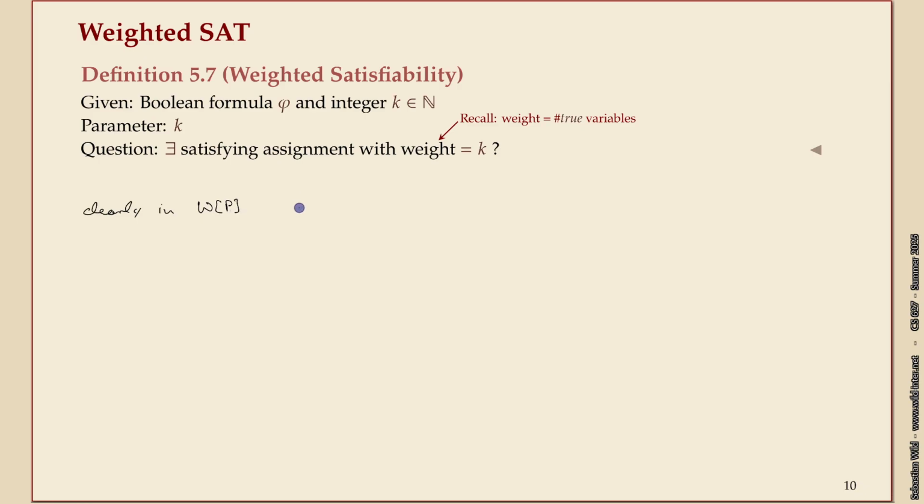Well, same algorithm as for p-clique. Because you're restricted to a weight k assignment, you can guess the subset of variables that you set to true, and then you evaluate the formula under that assignment and see if it is indeed true. Easy.